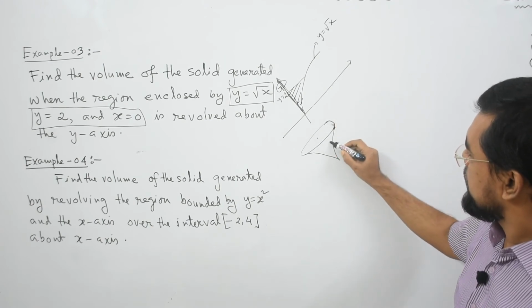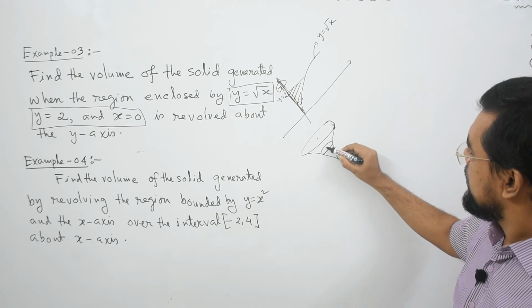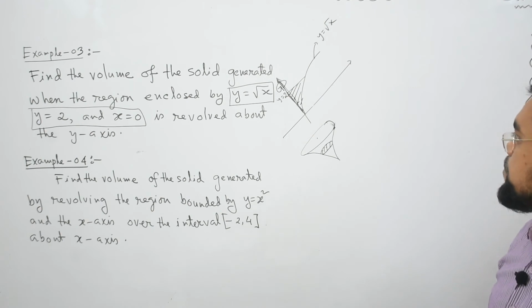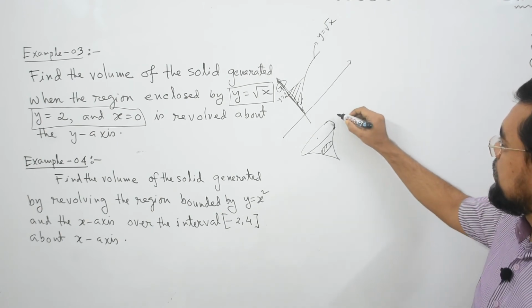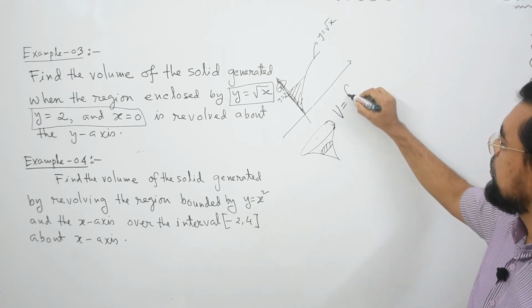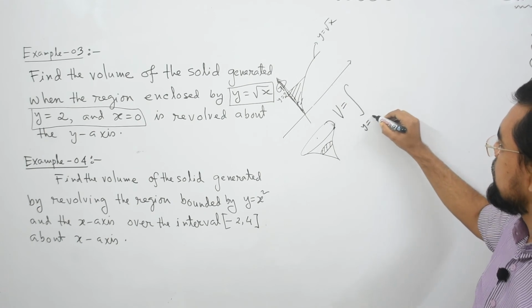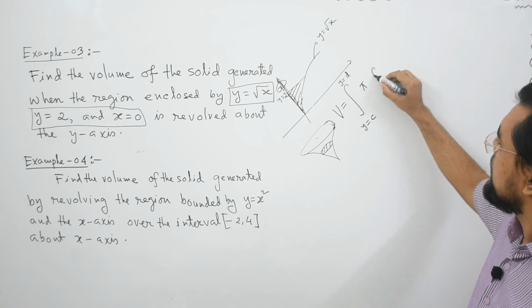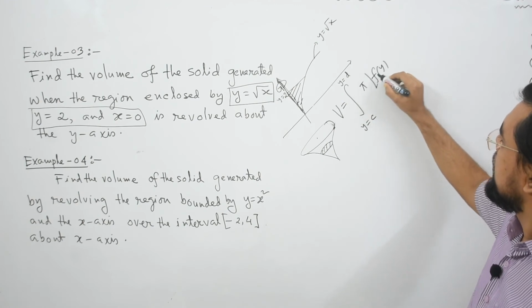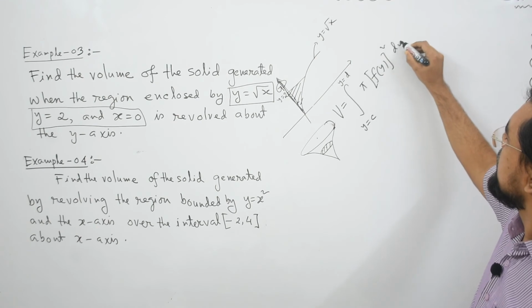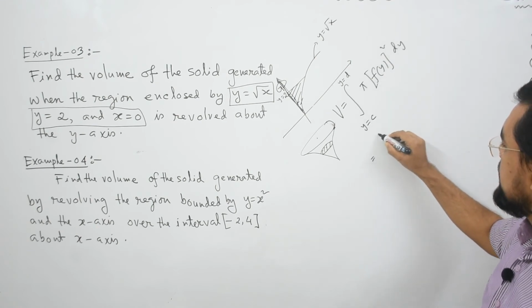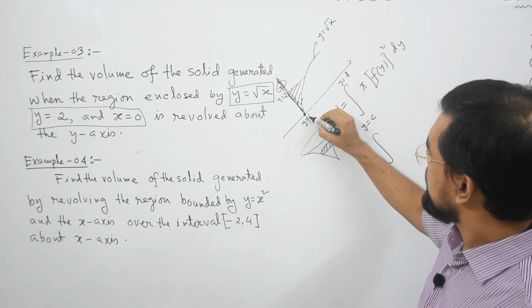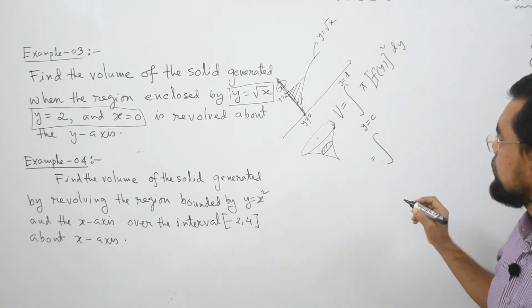If you take a cross section here, this cross section will be perpendicular to the y-axis. So we need to use our volume formula 2, which is y equal to c to y equal to d, pi f(y) square dy. Here y starts at 0 and ends at y equal to 2.